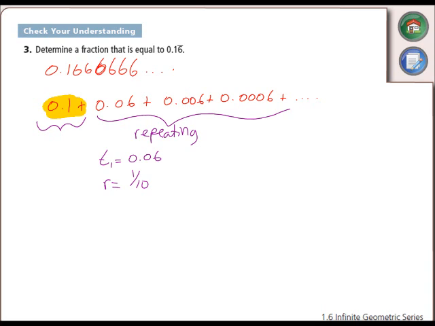I need that as a fraction. That's 6 over 100. If you want to take it down to lowest terms, great, go ahead. We can do it now, we can do it later, doesn't really matter. I'm just going to keep it as 100 because it's nice and easy to use, and the other one was a 10.